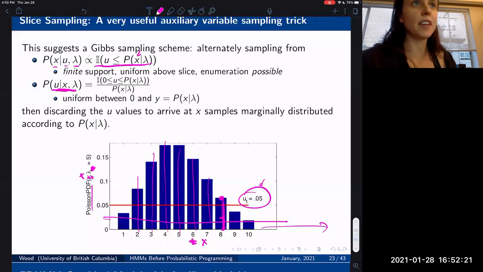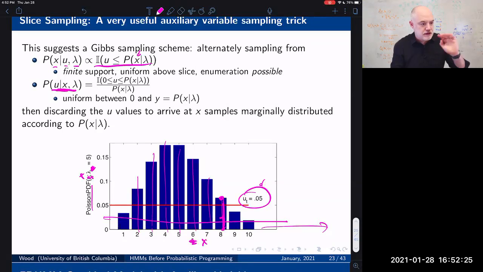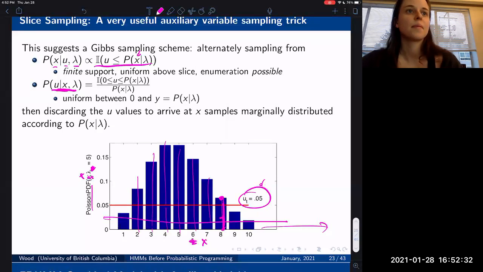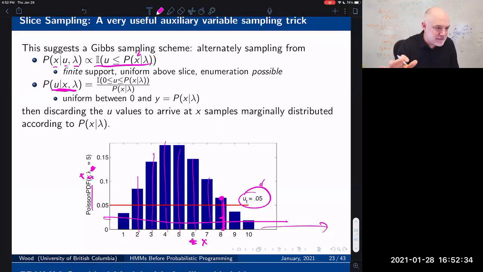So is lambda fixed but unknown? Lambda is fixed, and in this particular case, it's going to be given to us. Ultimately, in the Bayesian EDHMM, it won't be. We're going to do inference over lambda as well, but we'll treat that as a separate Gibbs sampling step.